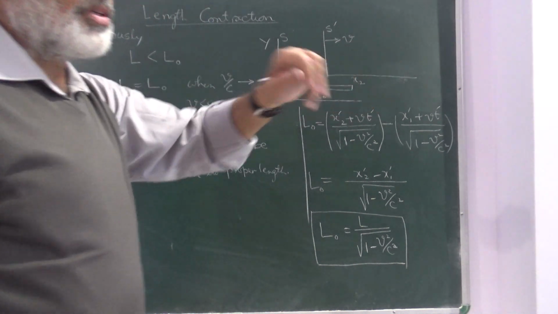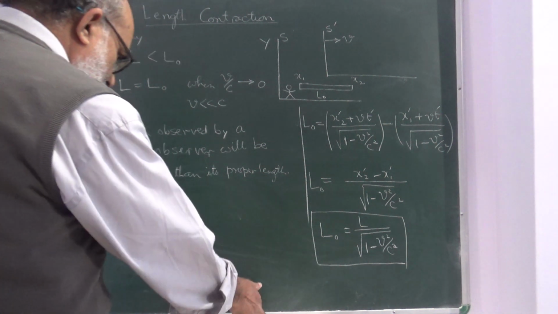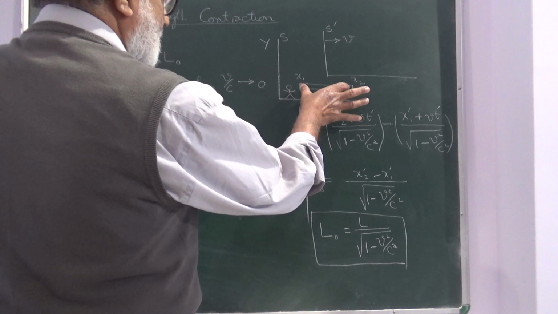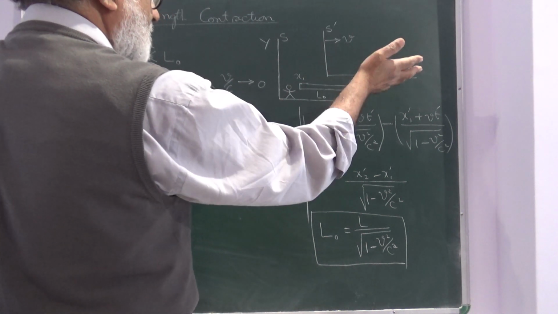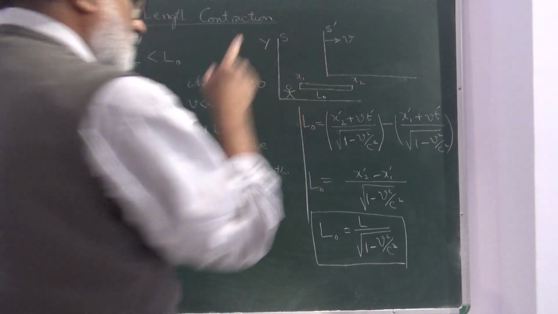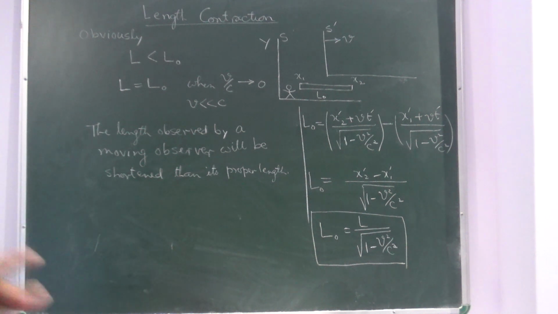So this is reciprocal: whichever frame the rod is kept in, the observer in the other moving frame will observe the rod to be shortened. This is one of the consequences of the Lorentz transformation.